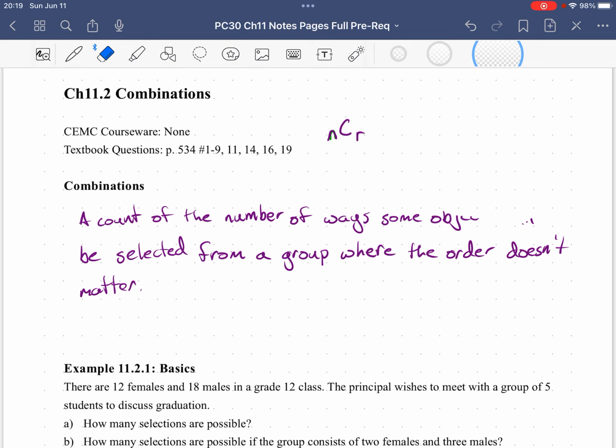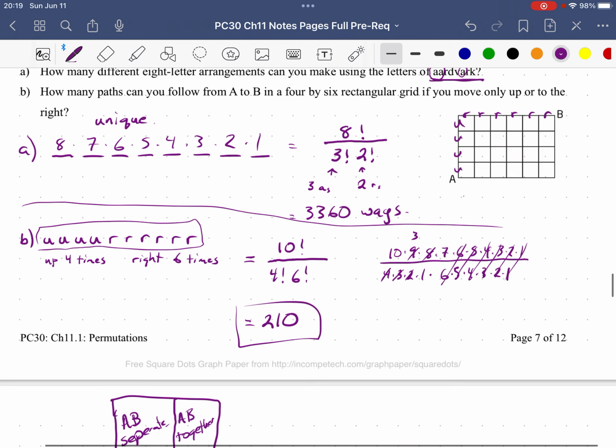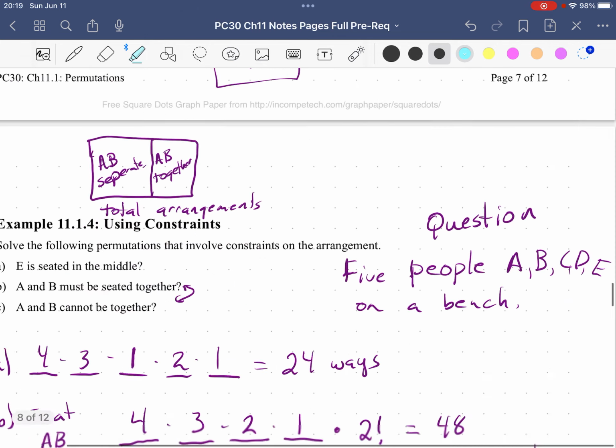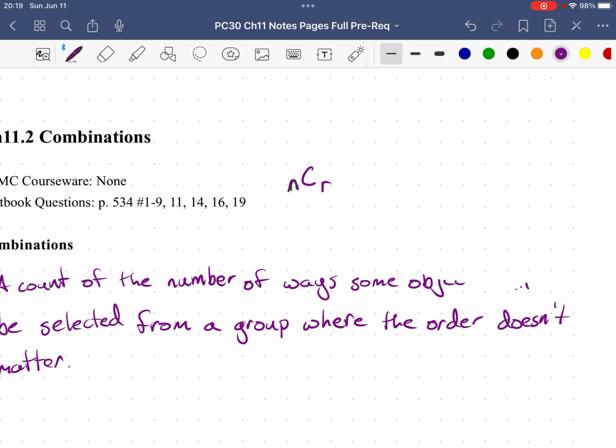So we have a slightly different formula for combinations. If we go back up to permutations, you remember we had the repeated element permutation where we took the total number of unique ways and divided by how many are repeated. Well, something similar happens here. So our nCr formula is equal to n factorial divided by n minus r factorial.